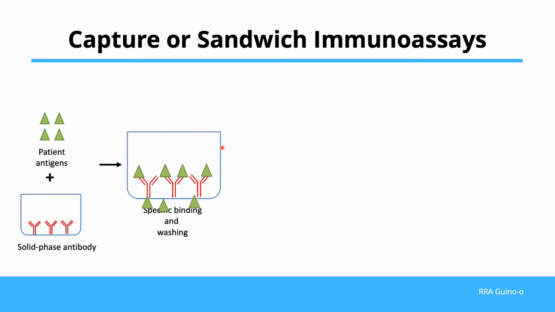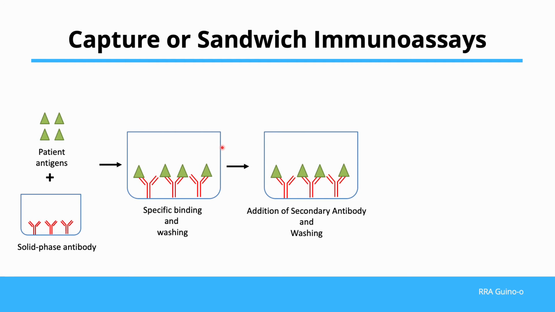We wash off the excess antigens and add our secondary antibody. Here, the secondary antibody binds to the antigen. This is why it is called a sandwich immunoassay, because the antigen is sandwiched by two antibodies. The secondary antibody has an enzyme label attached to it.